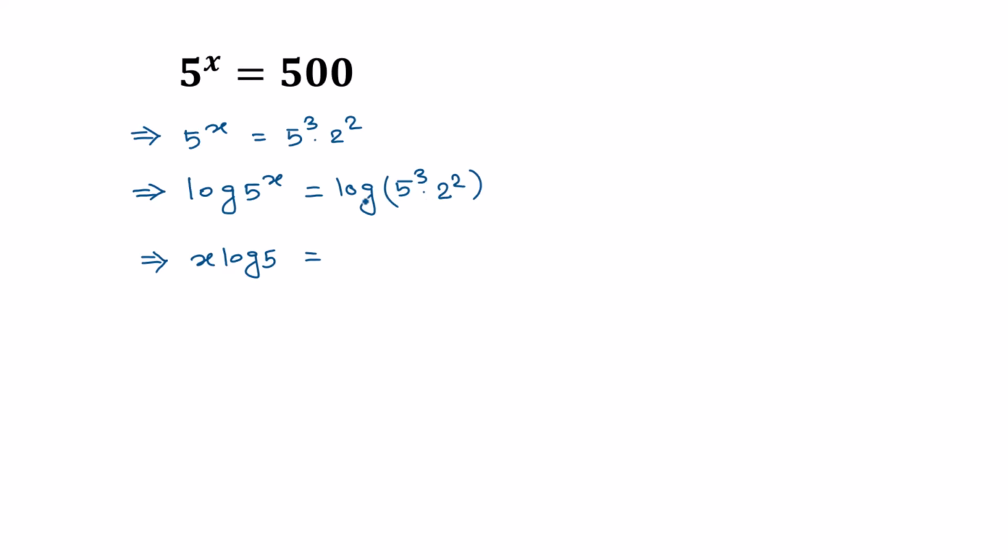In here we can write log of 5 to the power 3 as a, so log of 5 to the power 3, plus log of b, where 2 square is b, so log of 2 square.